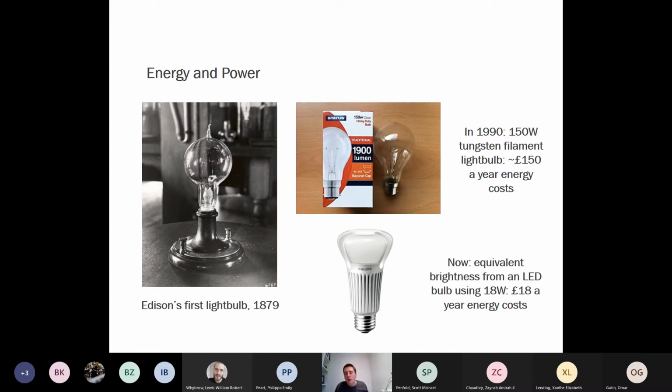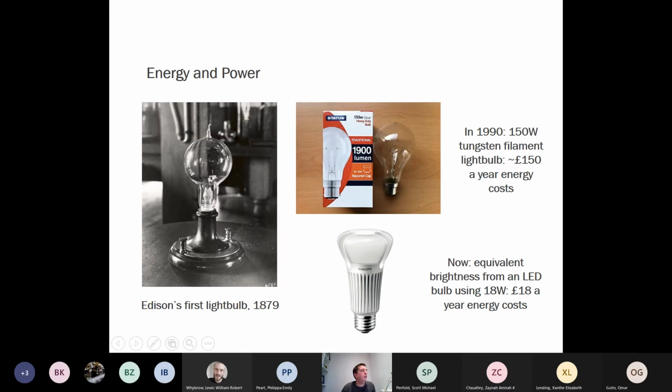But I think I'm going to press on because we're down to an hour this week. So what I want to do is go straight on to this idea of energy and power, which all links together, as I've been saying, with the concept of work. This is one of those things that I find interesting: the cost of light has become much lower in my lifetime, and even in your lifetimes.